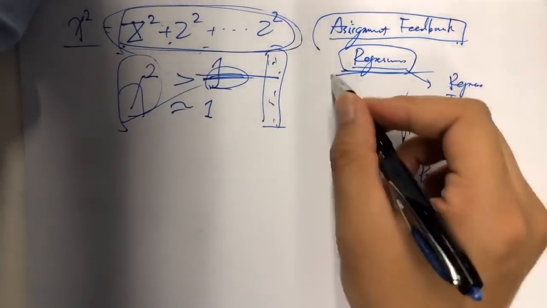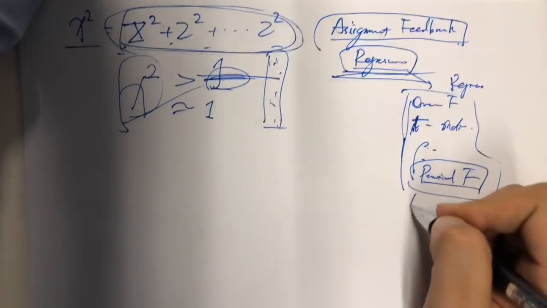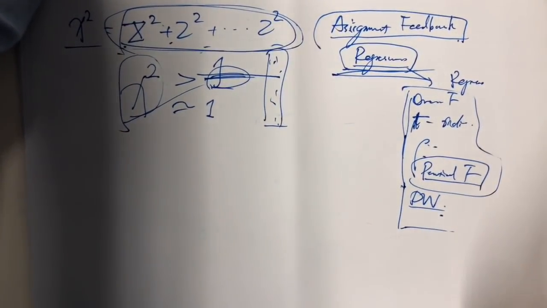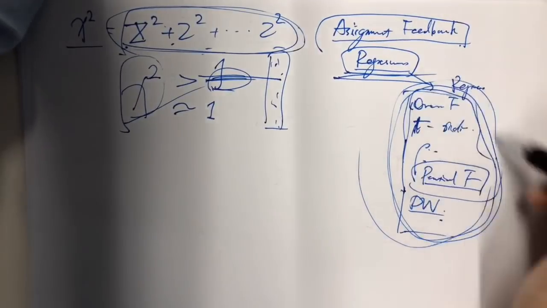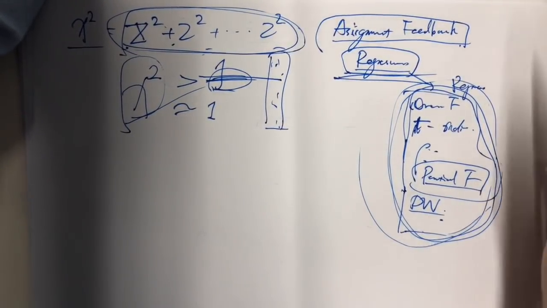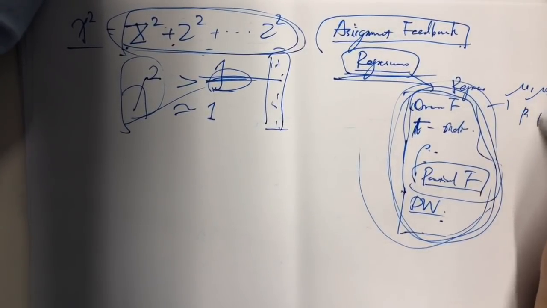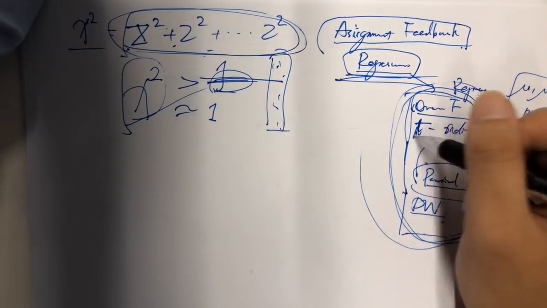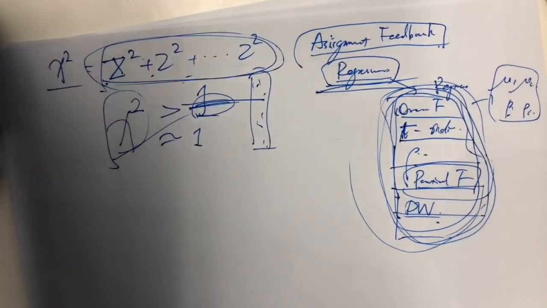This is probably all the tests you need to know in your regression. And also the Durbin-Watson test for autocorrelation, and what else? Name it. If you don't have time, just focus on those tests, okay? If you've got time, you can go back and look at the mu1, mu2 stuff, p1, p2 stuff, and something like that, okay? If you don't have time, focus on all the statistical tests in regression, okay?